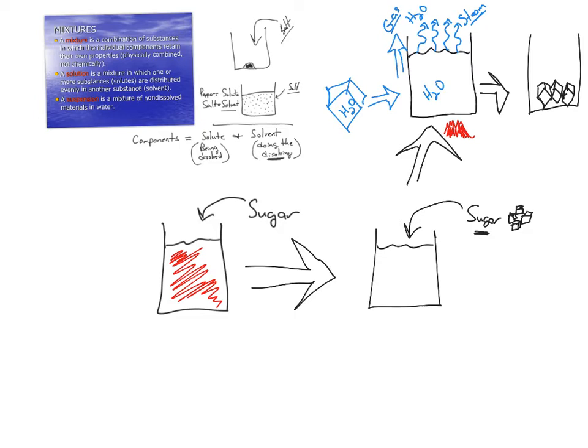Well, the thing is that if you went ahead and did an experiment and heated it up and got rid of the water, what you would end up with is almost exactly, and only due to experimental error would there be a difference, almost exactly the same amount of sugar that you started with. So if you put 2 grams in, what you get out is 2 grams of sugar.